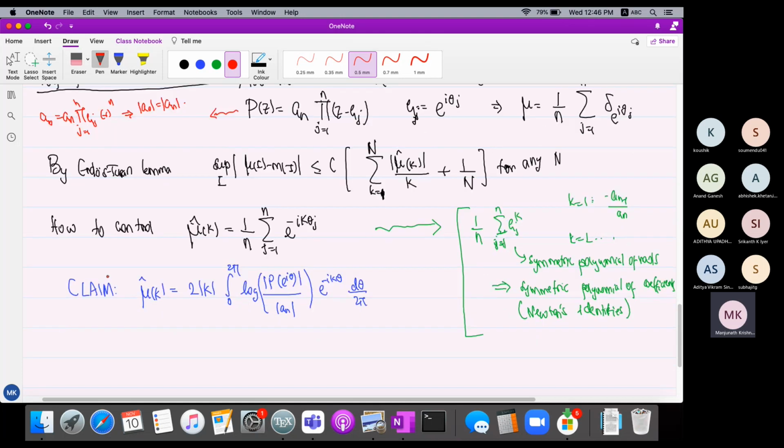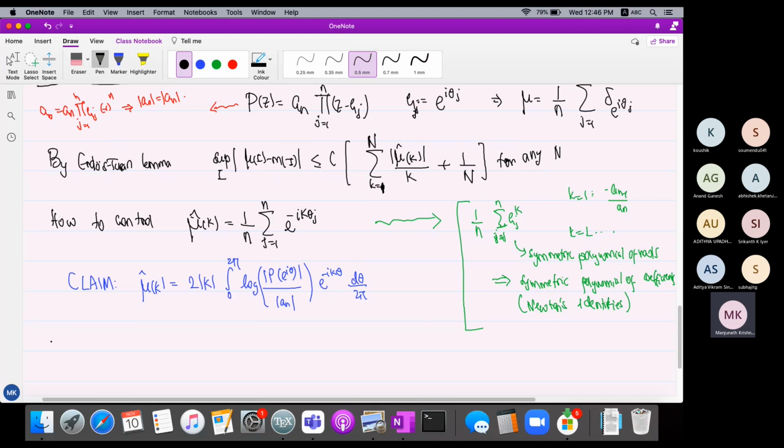But let's complete it, assuming the claim. What we get is that the absolute value of mu hat of k over k is bounded by, sorry, there is an n I forgot. Because mu hat also has the factor of n here, there will be a 2 by n here. Why do I get log plus?